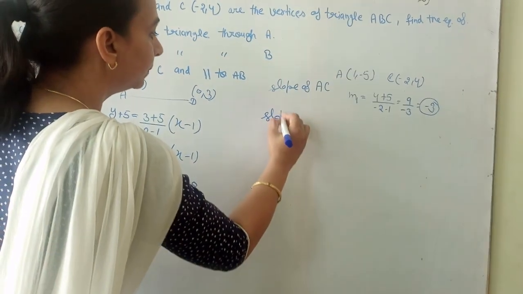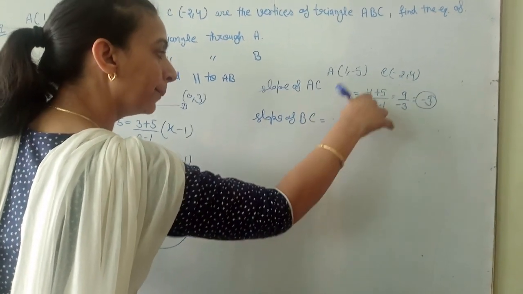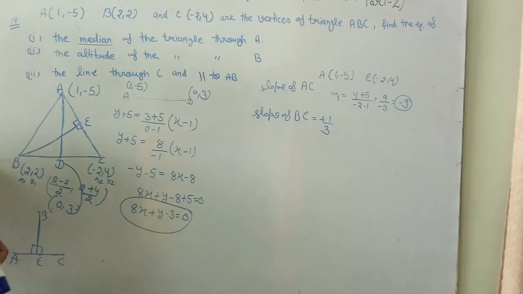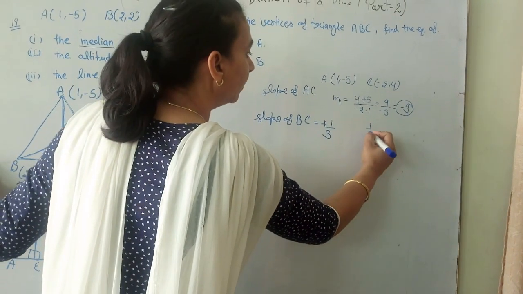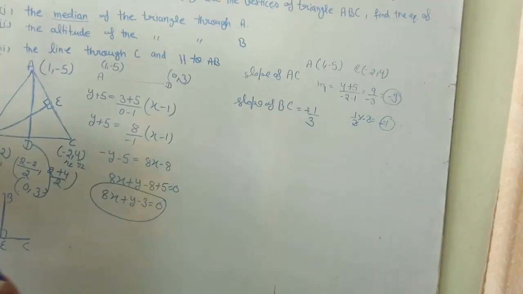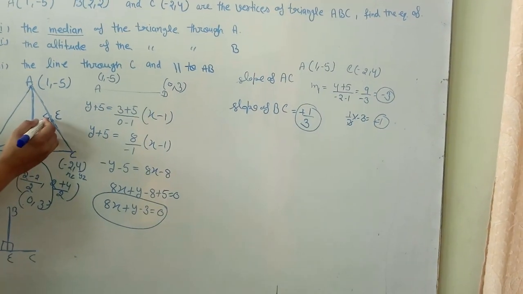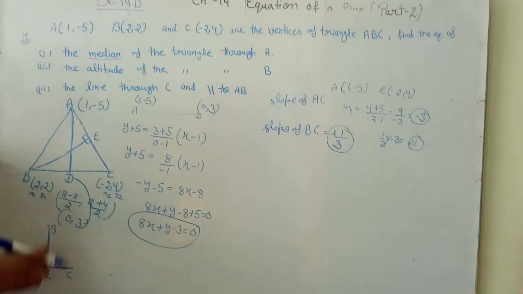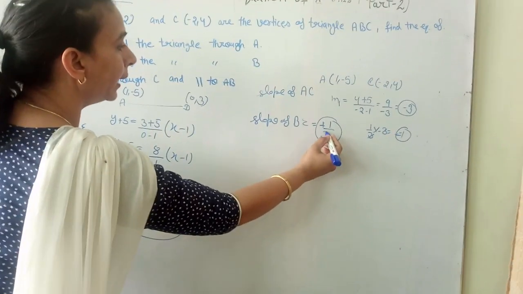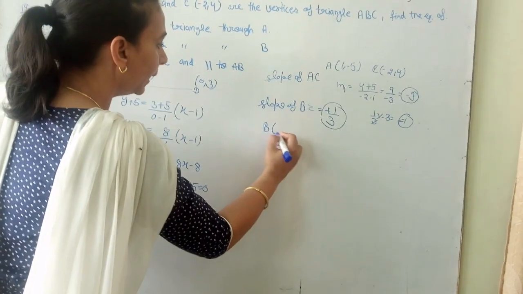Slope of BE equals the reciprocal with the sign changed, so plus 1 by 3, because 1 by 3 multiplied by minus 3 equals minus 1. Clear? Slope of BE is 1 by 3, and line BE passes through B, coordinate P (2, 2).